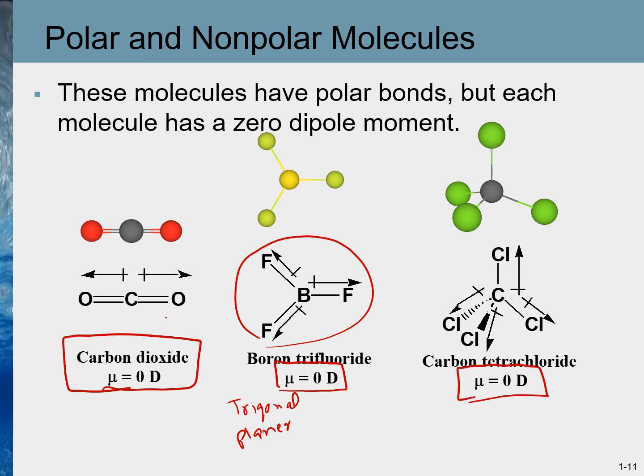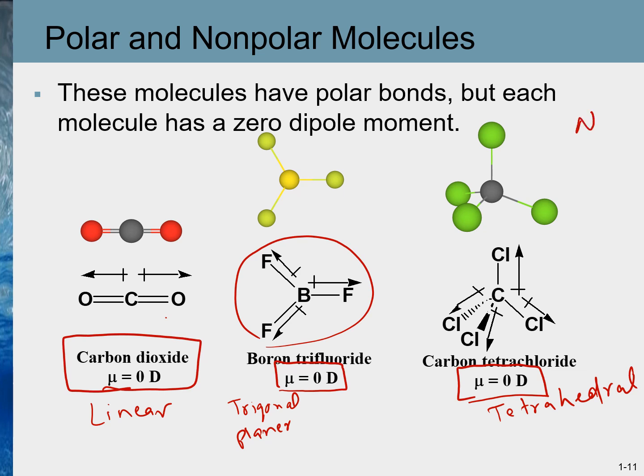So any molecule which has four dipole moments and a tetrahedral shape will also be nonpolar. If a molecule has any other shape apart from these three cases, that is linear, trigonal planar, or tetrahedral, and that molecule happens to have a polar bond, then that entire molecule will be polar.